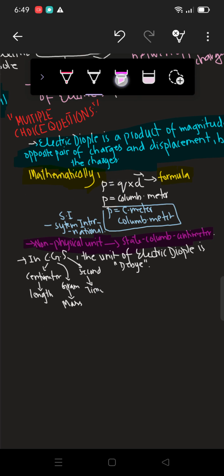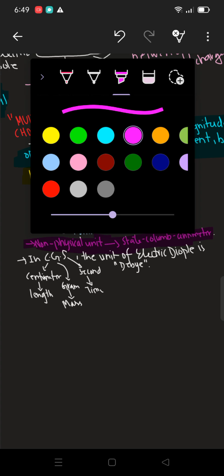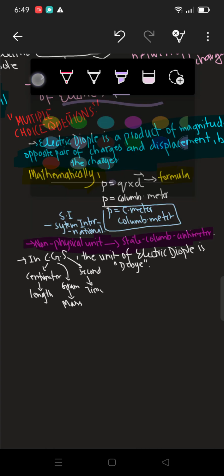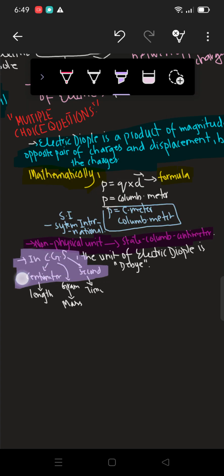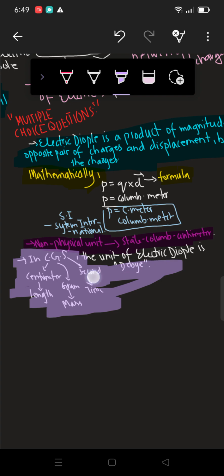This is very important again. What is the unit of the electric dipole in the CGS system? In the CGS system, the unit of the electric dipole is the debye.